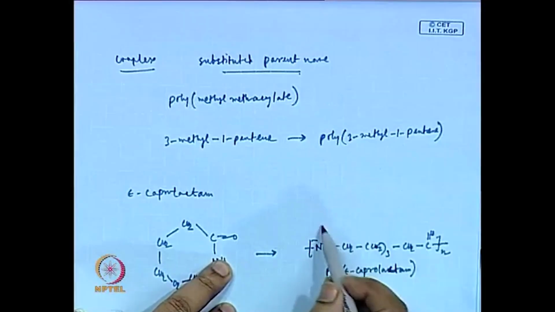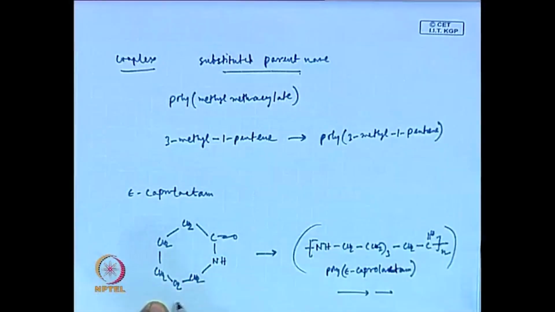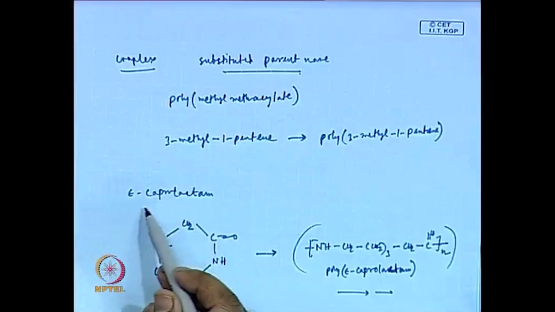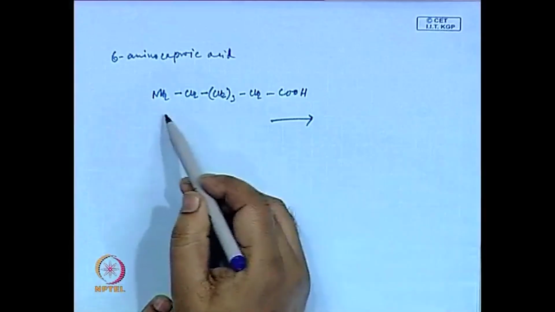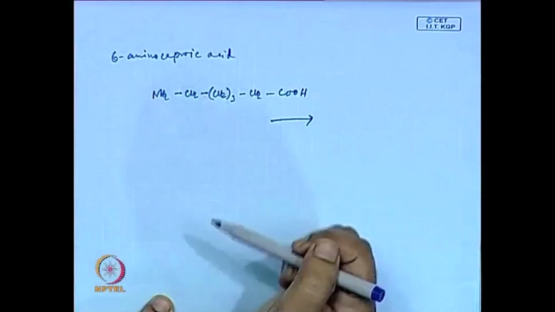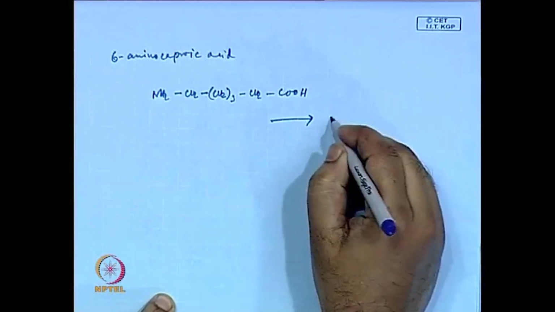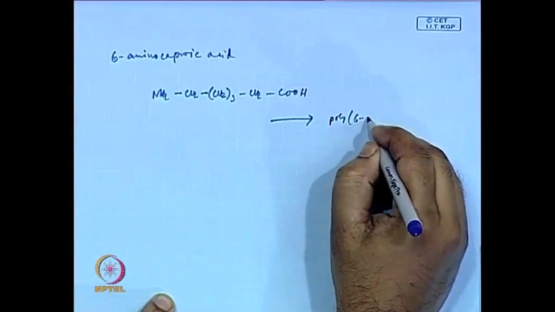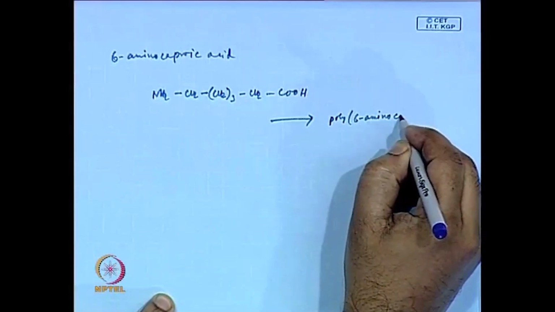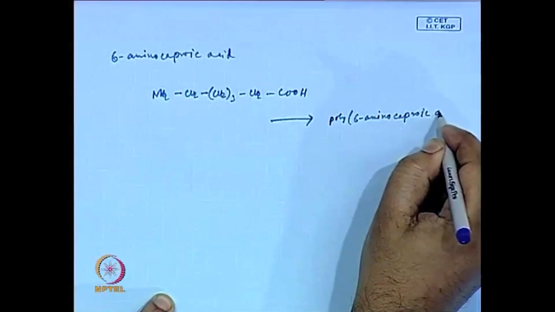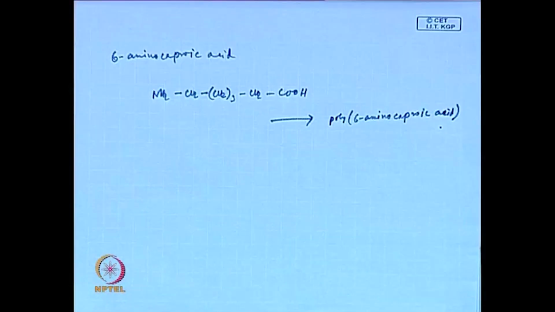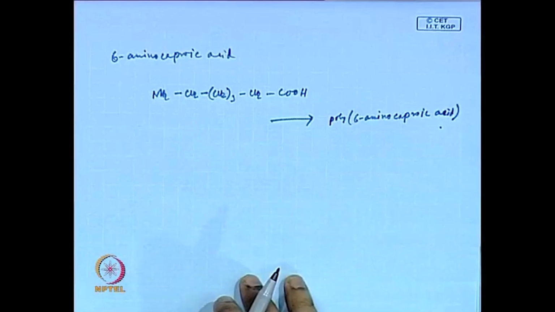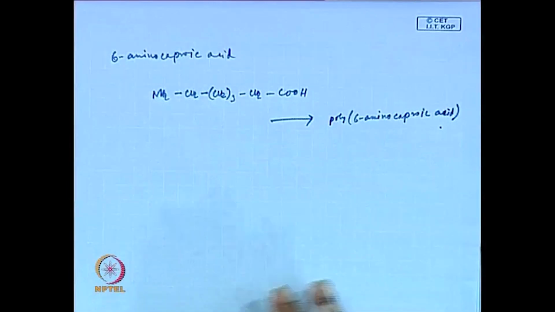So, the same polymer can be achieved by ring opening polymerization of caprolactam and by condensation of 6-aminocaproic acid. So, you can also write this as poly(6-aminocaproic acid). So, the same structure, the same polymer, sometimes can be named in a different way.